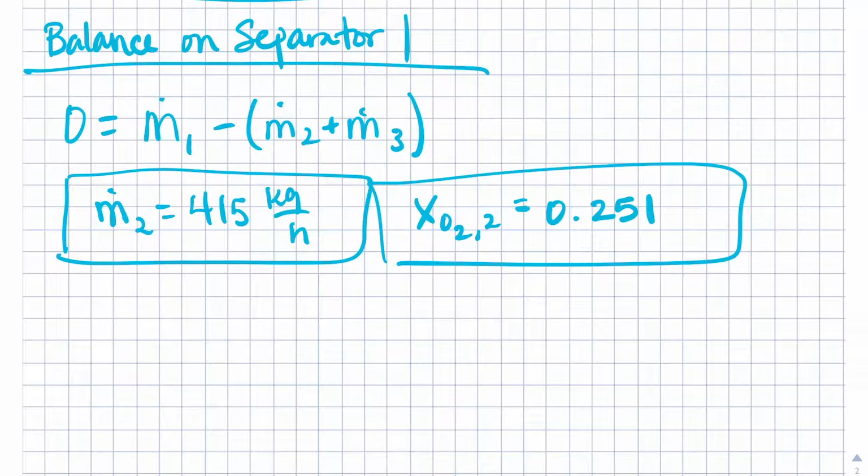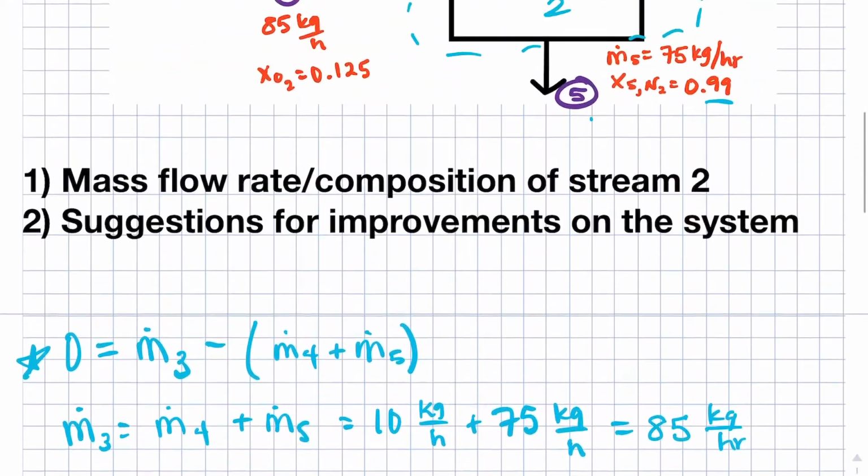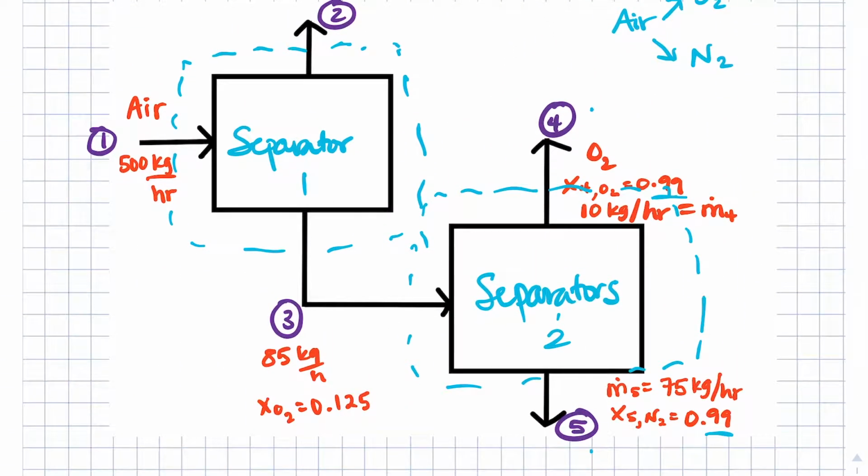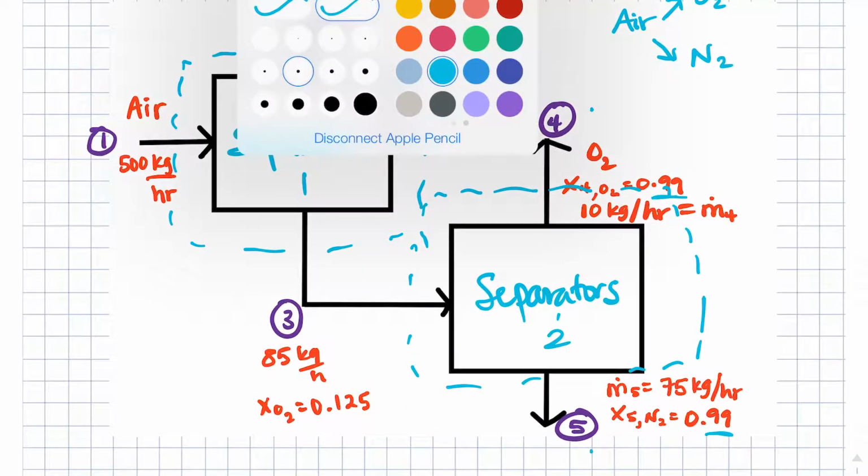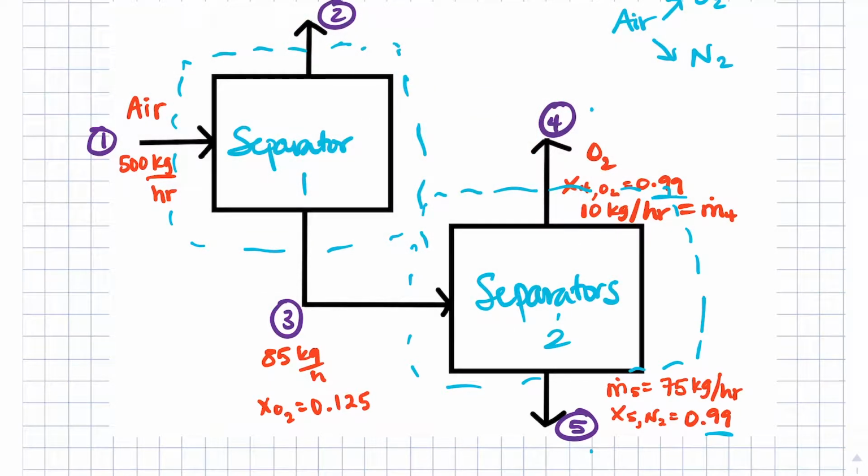So here comes the interesting part. I said there were two ways to approach this problem. We had to go through two different systems to do that. However, what if my control volume was just a little bit bigger? What if instead of drawing it around each individual separator, I drew it around everything, like you're seeing here?